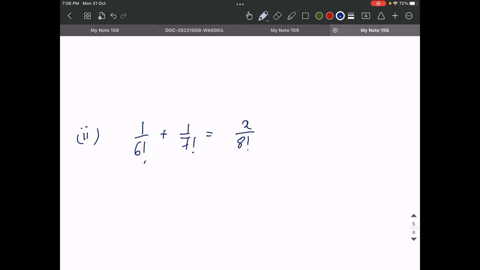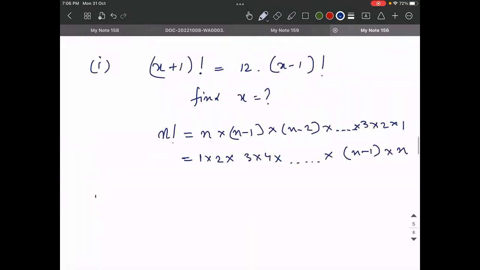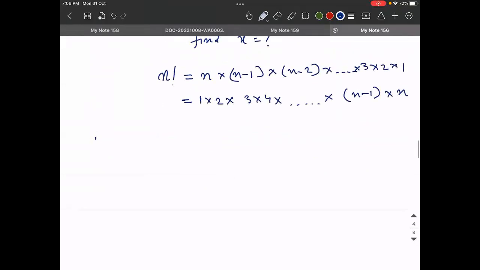Almost how long are you taking? Please don't take this much time. 3, how are you getting 3?